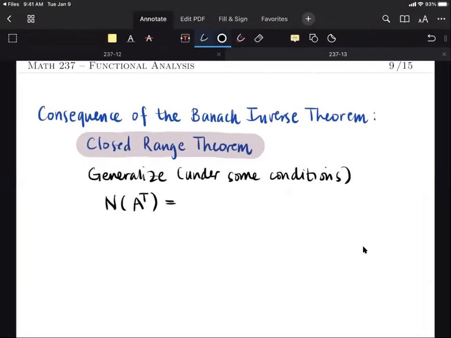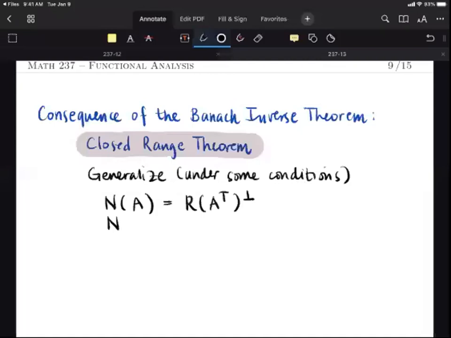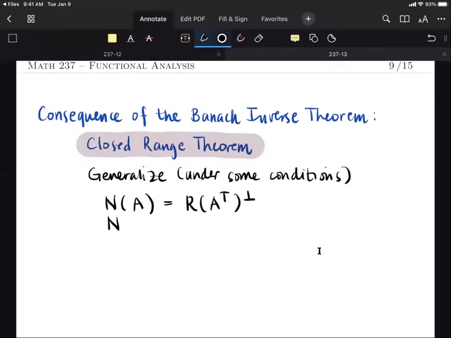I should say the nullity of A is the same as the orthogonal complement of the range of the transpose, and similarly the null space of the. Of course, these are all equivalent in finite dimensions, but let me present to you the precise formulation.